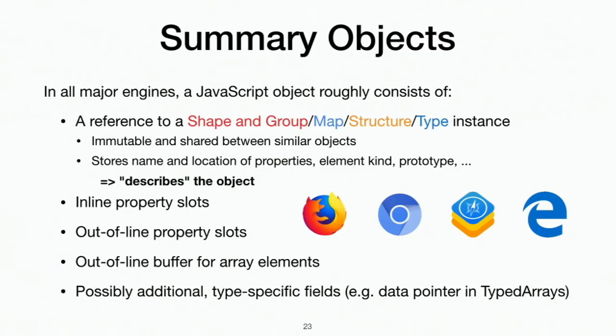That's due to the fact that in JavaScript you can use every object as an array, so they also have this array storage. And then you might have additional type-specific fields. For example, if you have a regular expression object or a typed array object, you would have more data fields in these objects. But these are the main ones, the first 4.